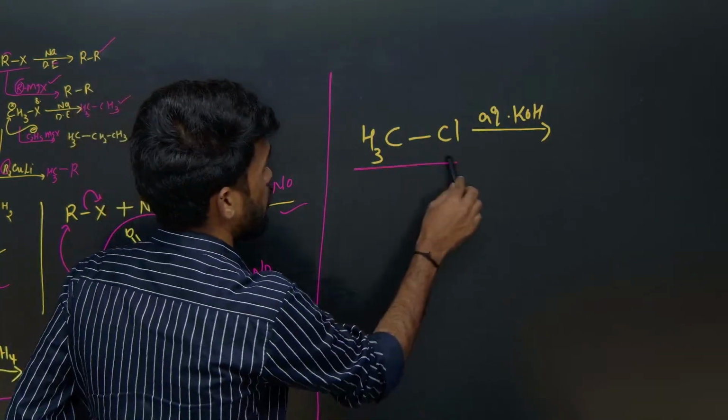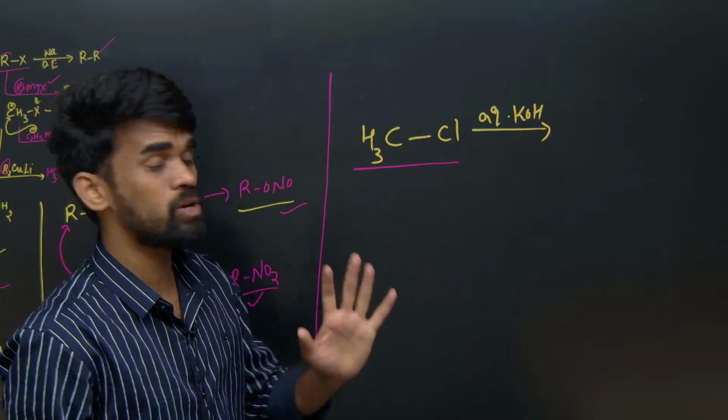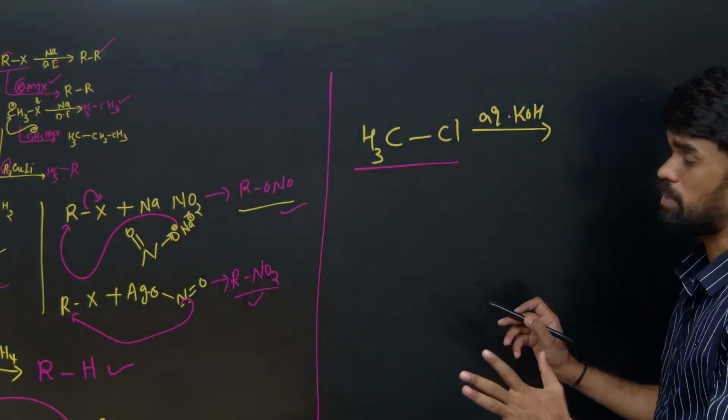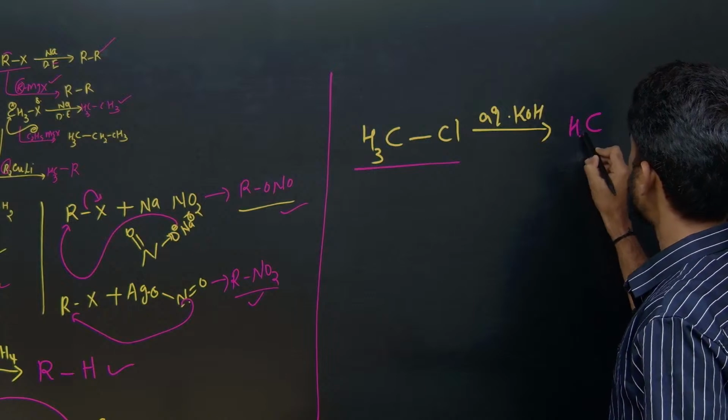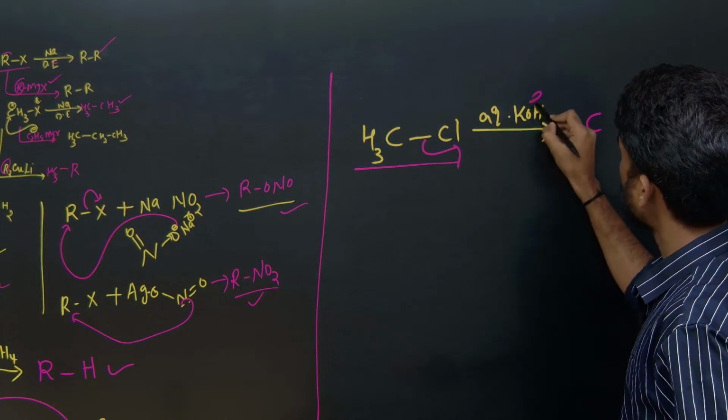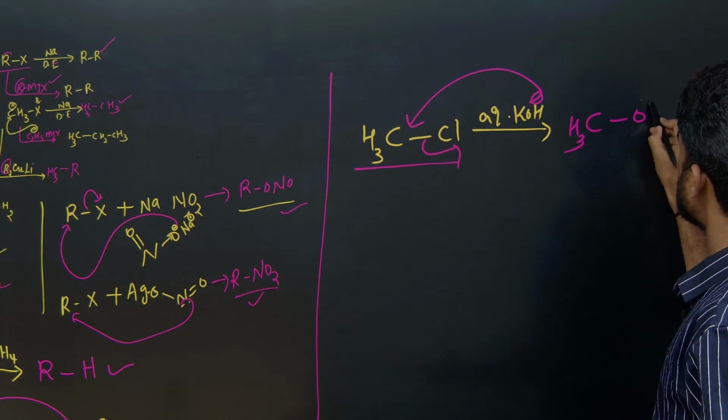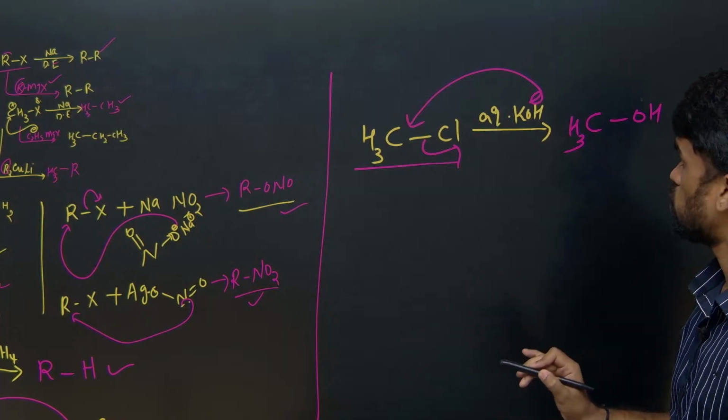If it is a primary alkyl halide, the reaction mostly takes place with the SN2 mechanism. Just remove this chlorine and replace it with the OH group. That is what happens in the SN2 reaction.